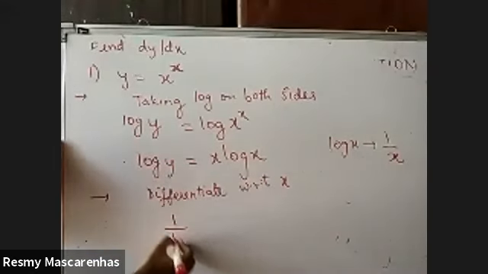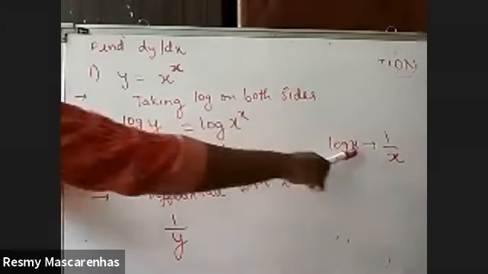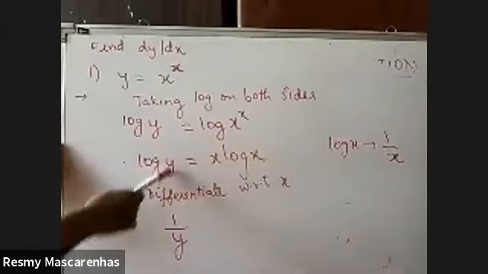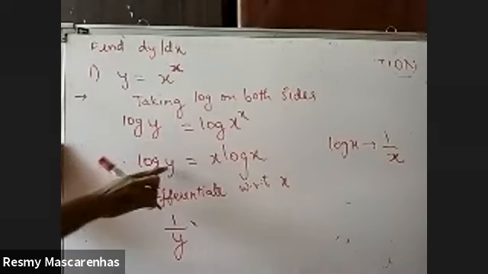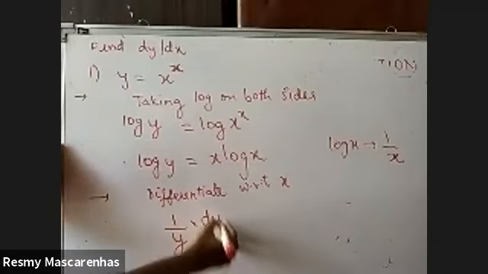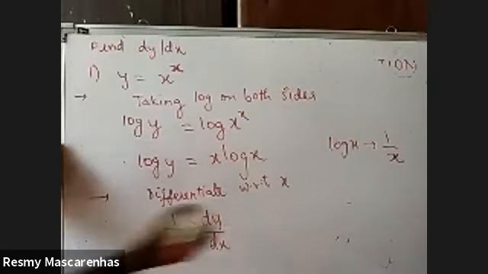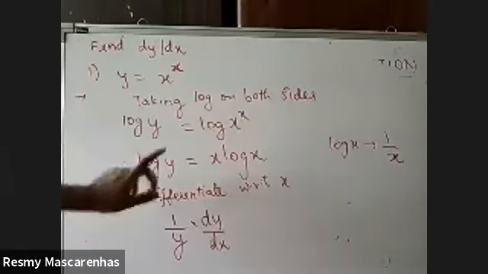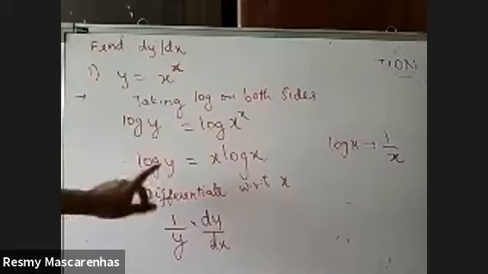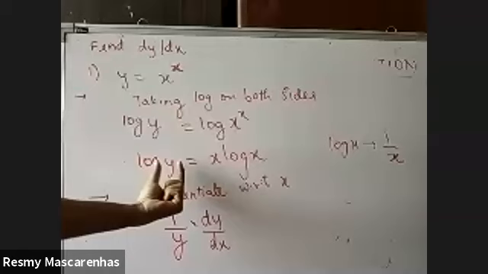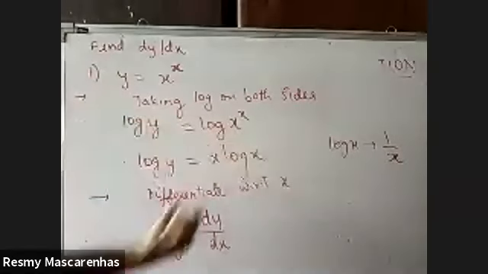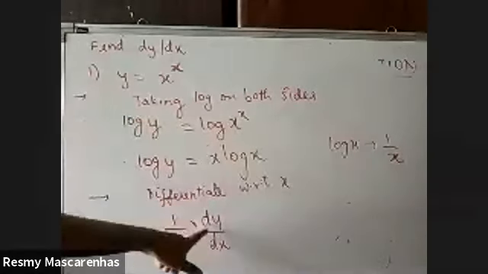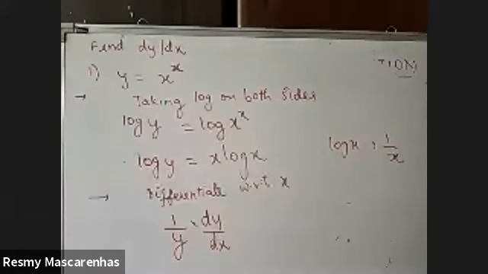It will be 1 upon y. But is it x? No. So what extra do you have to take? The derivative of this y, so dy by dx. Anytime you come across a y function and you are differentiating, solve it same as x, but you have to write dy by dx extra, because it was not x.